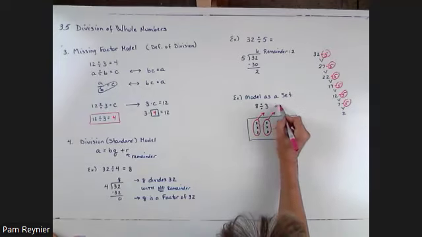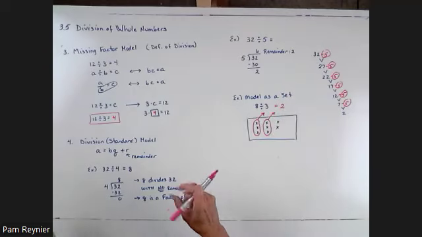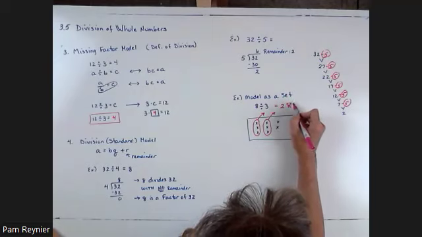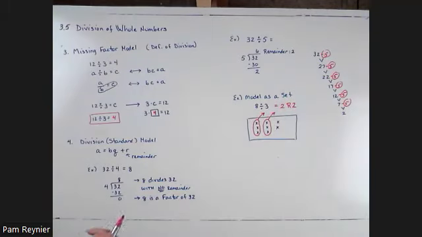So this is 2 with a remainder of these 2 right here. And so therefore we could do it using sets and subtraction like we learned last week. Okay.